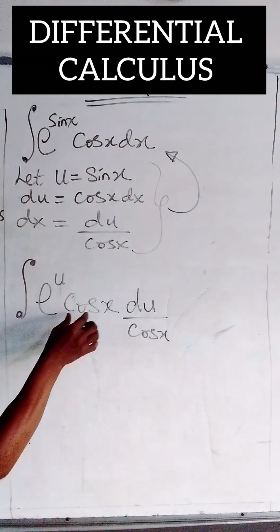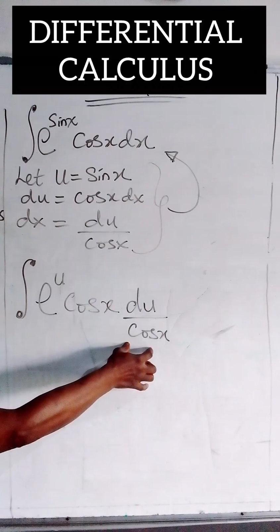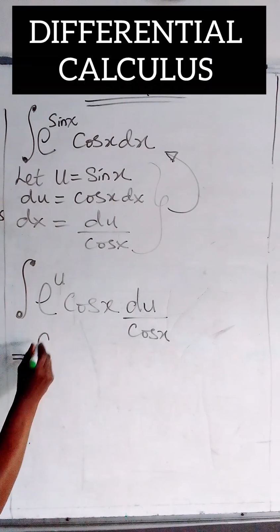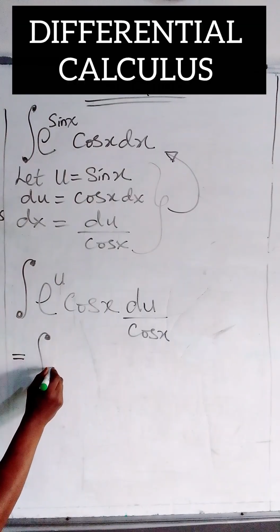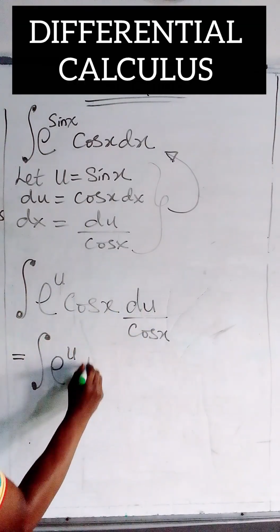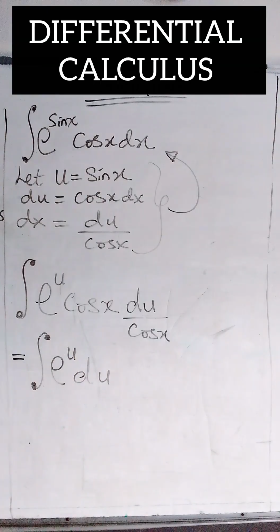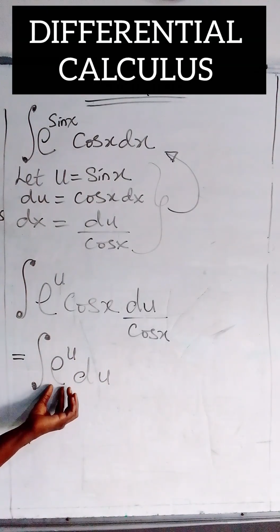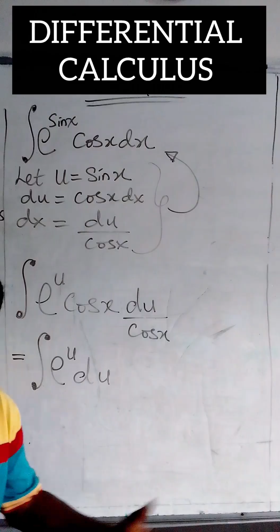In fractions, the number on top cancels the number below. So in our next step, we are going to have the integral of exponential u with respect to u. So we are now changing the function to a u function with respect to u. We can handle this. After handling this, we back substitute and the answer comes out.